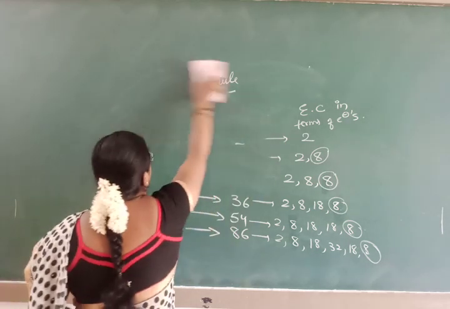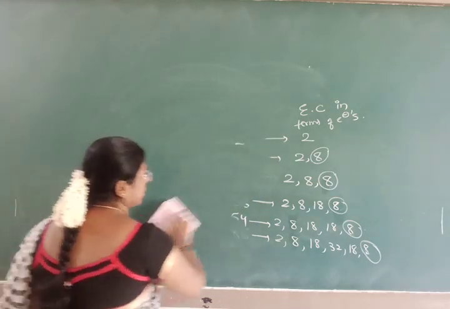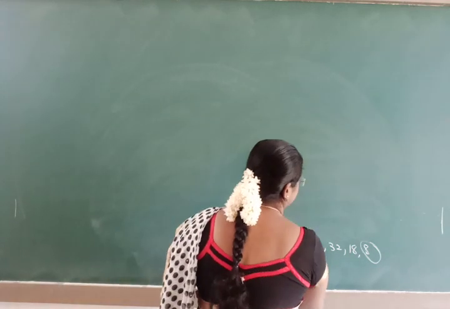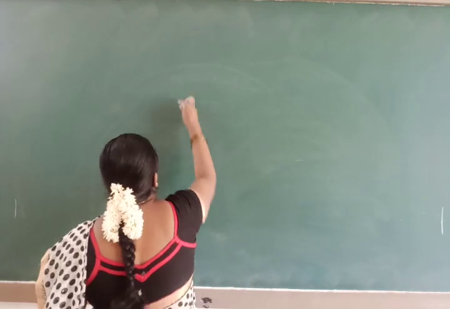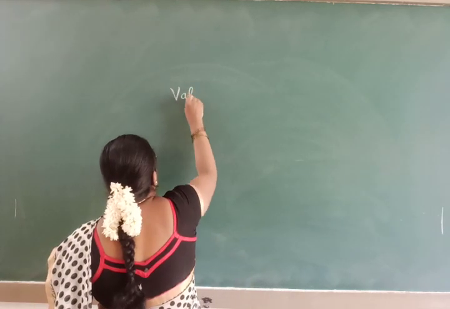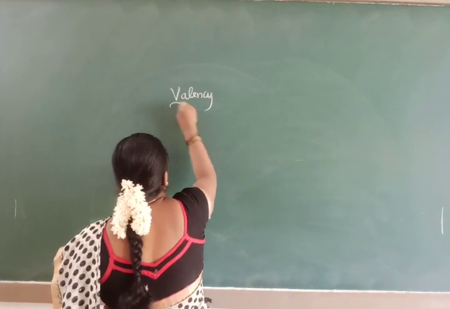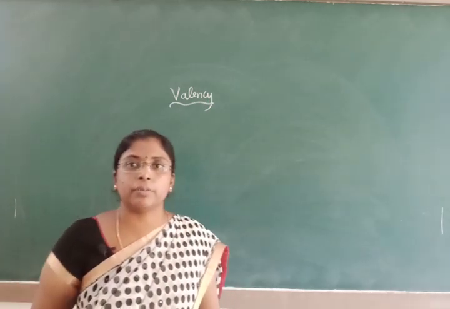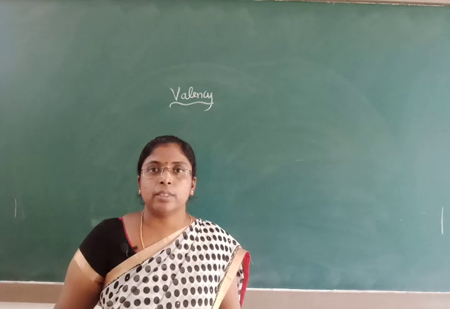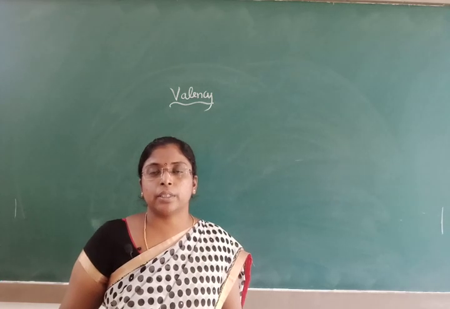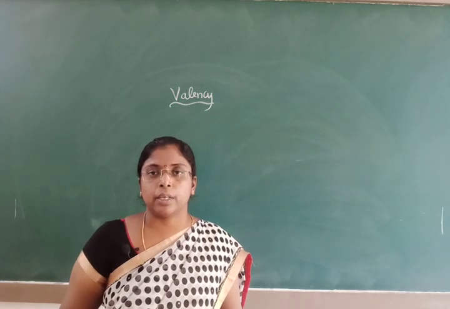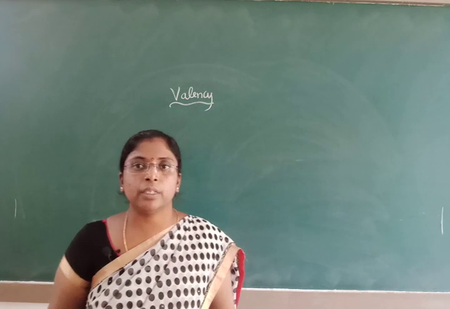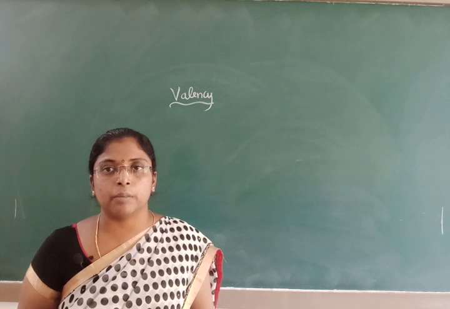After this octet rule, let us see the valence electron or valency. What is valency? Valency is the combining capacity of an element. There are many definitions. One definition is the combining capacity of an element.